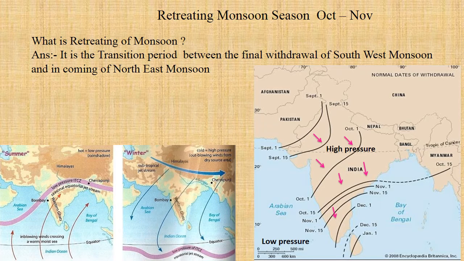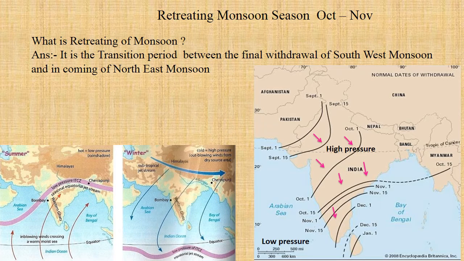Let's go to the map on the left hand side. This map shows two seasons, summer and winter. Let's have a recap of the summer season. In our previous presentation, we learned that the southeast trade winds cross the equator in the summer season and move from the right hand side, so we call these winds the southwest monsoon winds, and they bring rain to our country.